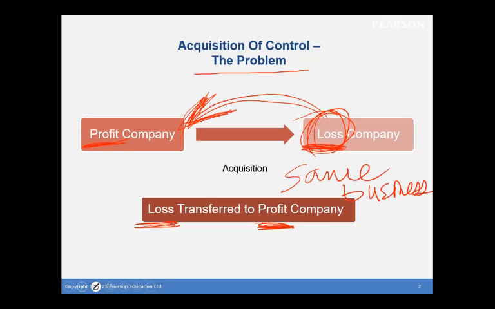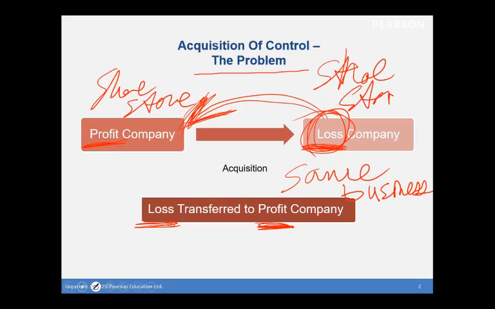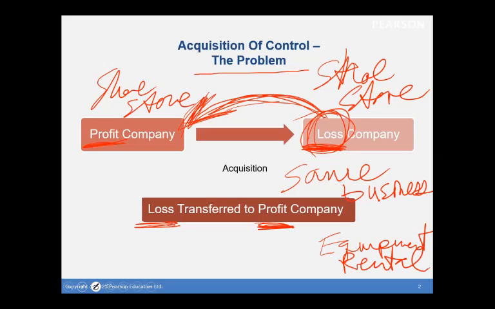In other words, if this is a shoe store and they buy an unprofitable shoe store and continue to carry on this shoe store business, they can use those losses. But if it's a totally unrelated business, if this was equipment rental, then that's a no-go. The losses stay here and the profit stays here.